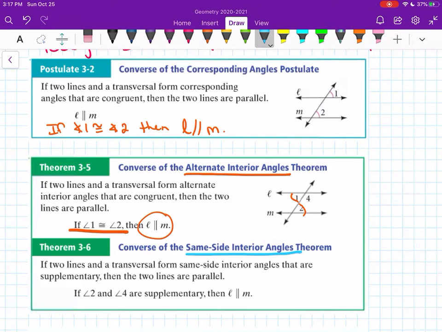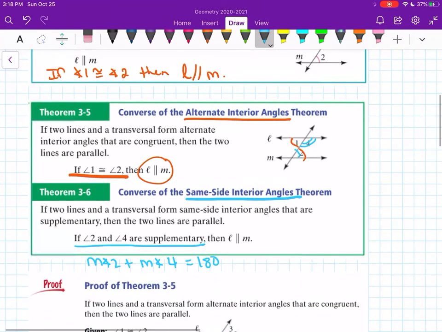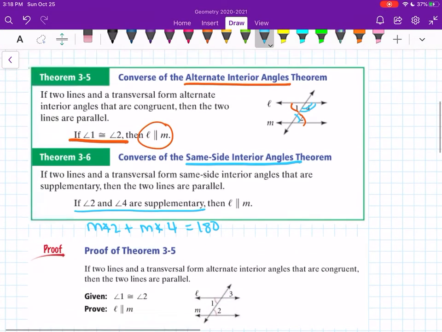For the converse of the same side interior angle theorem, it says if angle 2 and angle 4 are supplementary, remember that means they add up to 180. So if measure of angle 2 plus measure of angle 4 equals 180, so if this plus this is 180, then I know my lines are parallel.